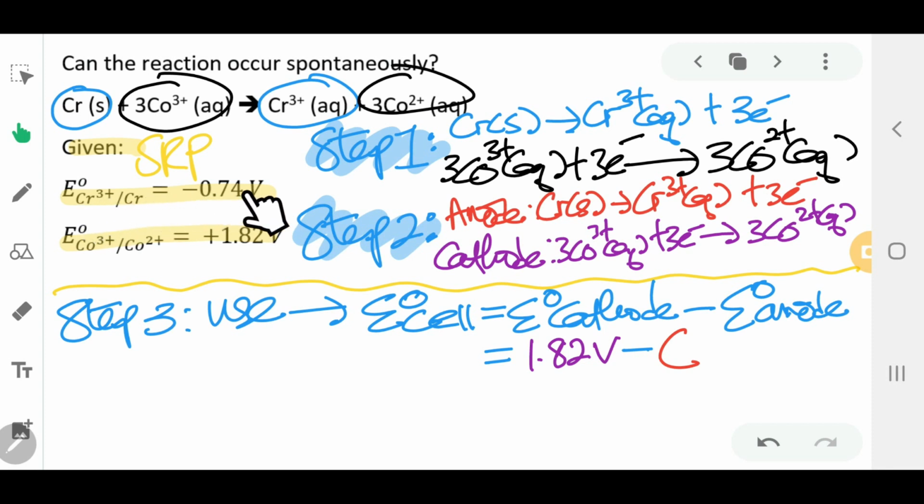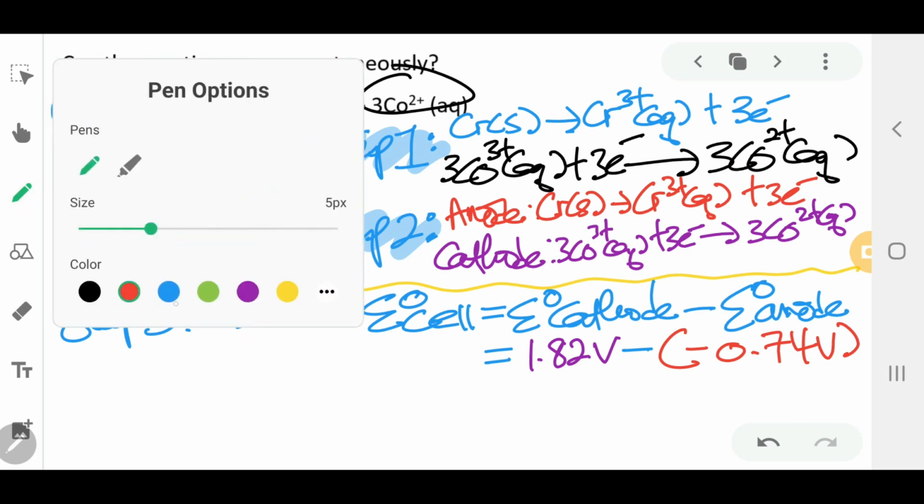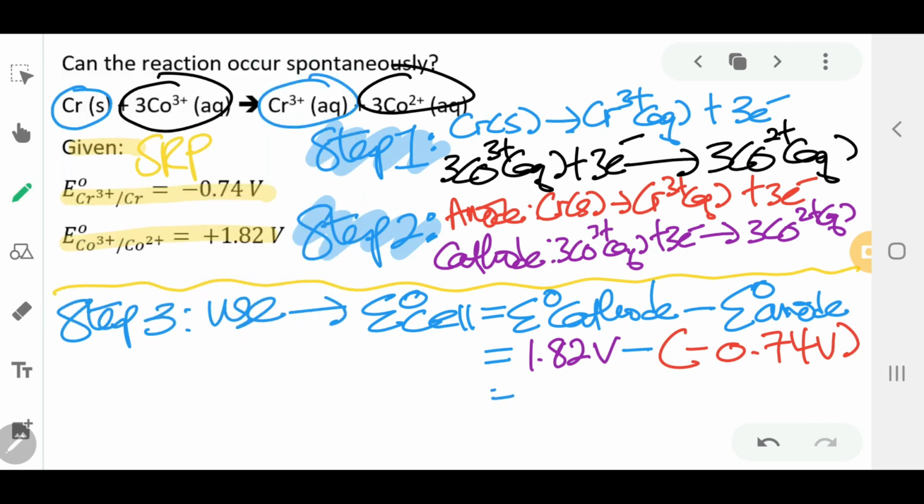So that is the SRP value, so you're going to have negative 0.74 volts. So when you solve this, you will be able to get positive 2.56 volts. So is this spontaneous or non-spontaneous?